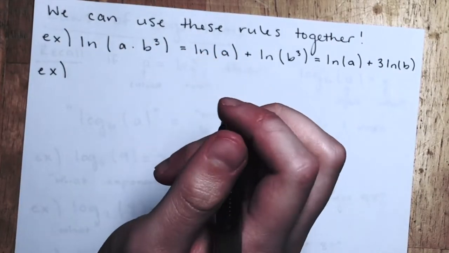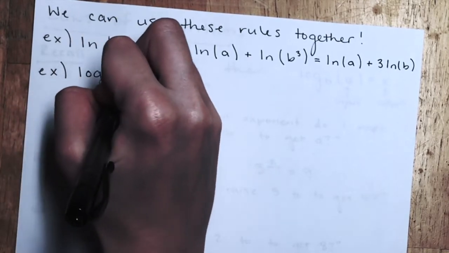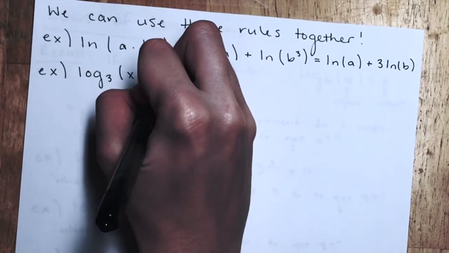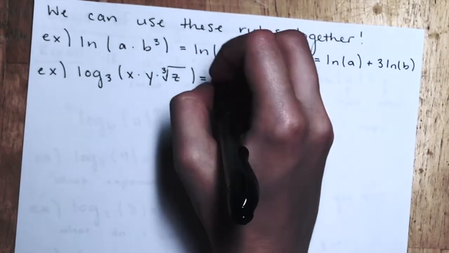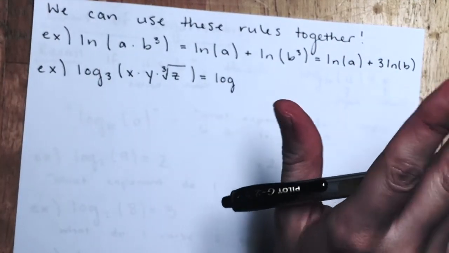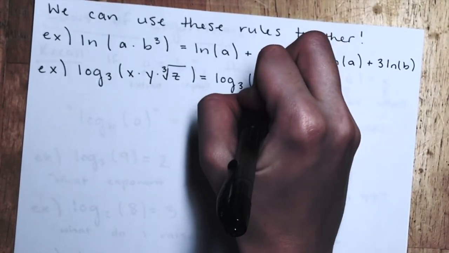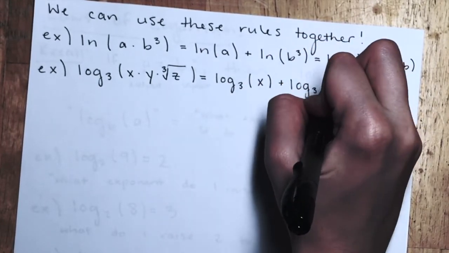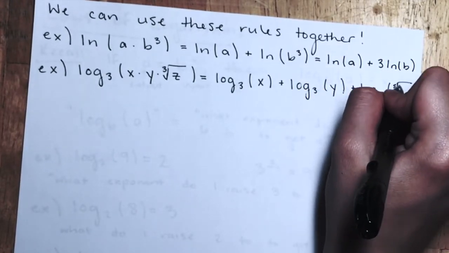So let's say we've got this guy. So log base 3, we want to split up. So let's go ahead and split these guys up. We've got log base 3 of x plus log base 3 of y plus log base 3 of cube root of z.